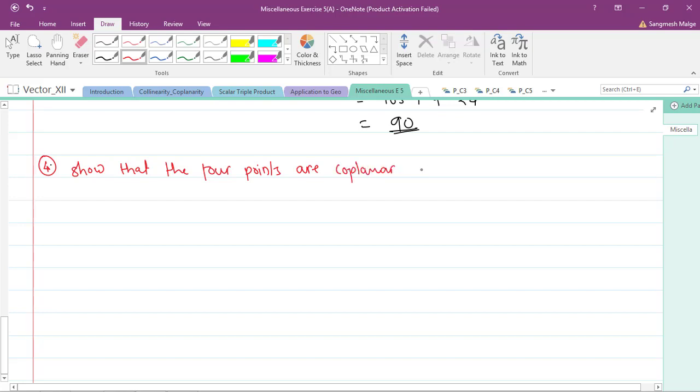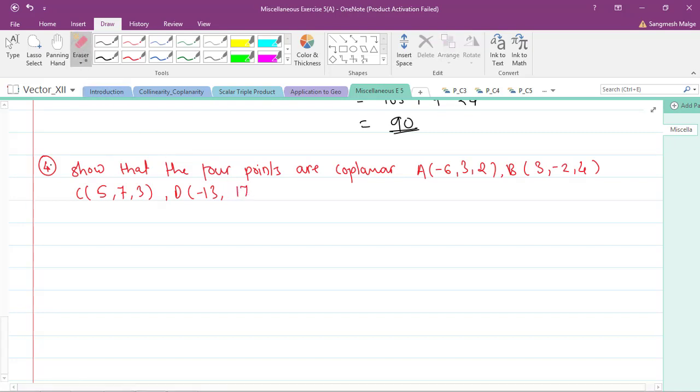Okay, so the points are like this: A is (minus 6, 3, 2), B is (3, minus 2, 4), C is (5, 7, 3), and D is (minus 13, 17, minus 1). Show that the 4 points are coplanar.